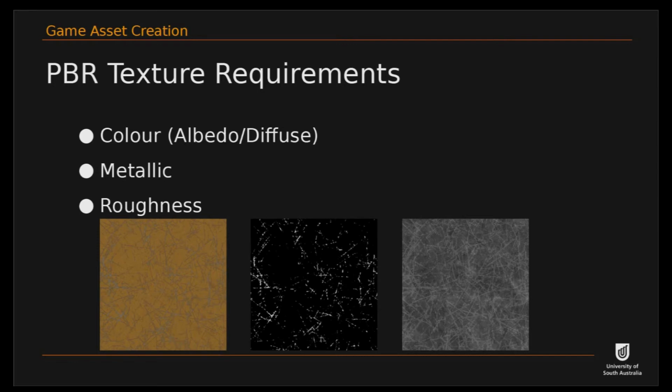Within Blender and Blender's rendering engine, the two sort of main materials that you'd combine, or material nodes even, would be a diffuse node and a glossy node. The glossy node being, effectively a mix of what's referred to here as the metallic and roughness.